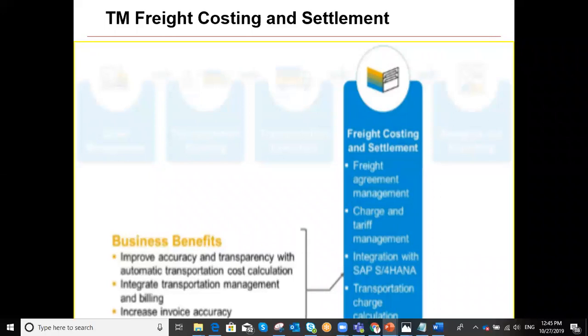Most of the time it is the absolute value, but sometimes, depending upon the country policy, it becomes a percentage of net value in pricing conditions, to determine the costing of the freight. Any question for settlement?